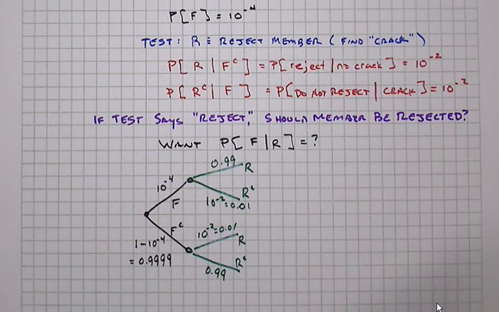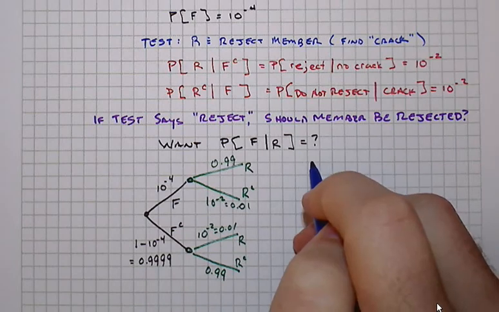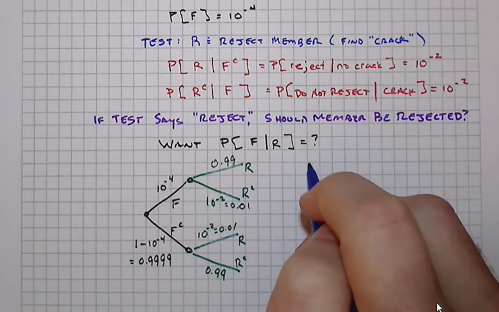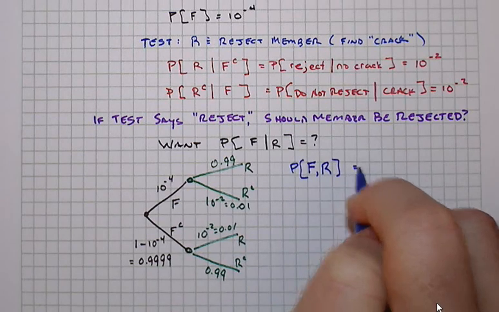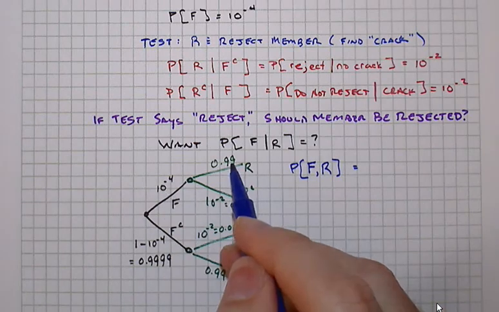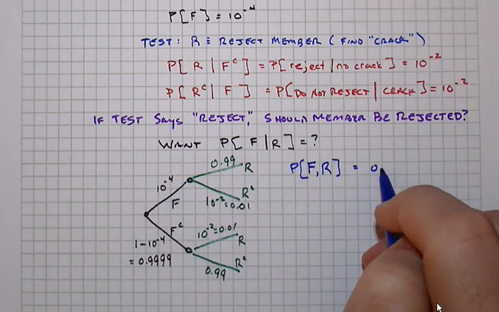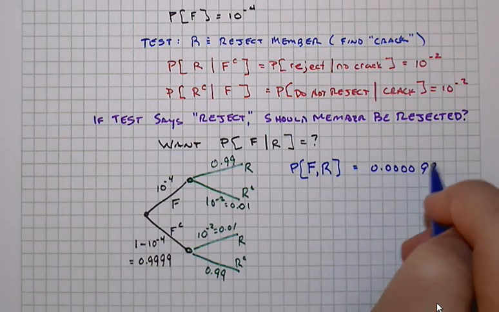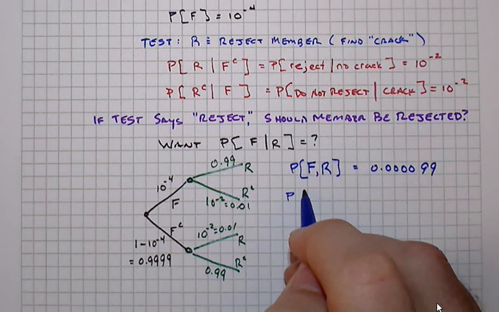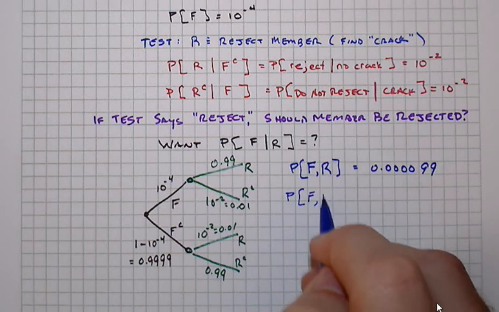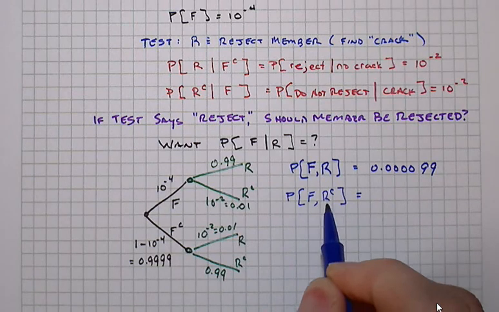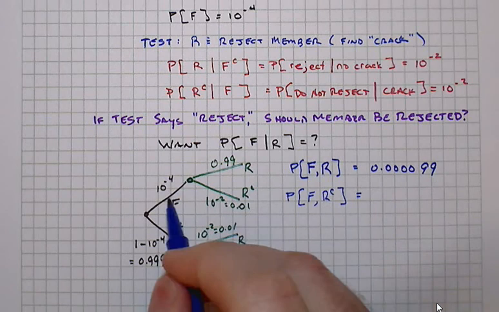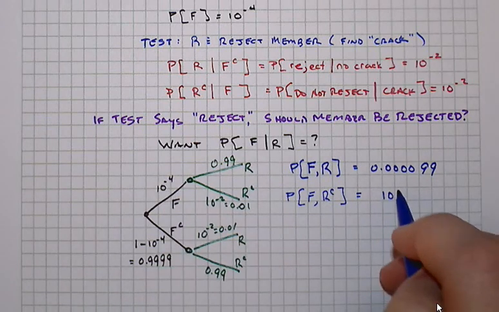Now we can go straight and look at the joints. Remember, they're just the product of the branches on the tree, so the probability of F and R is equal to 10 to the minus 4th times 0.99, so 0.000099. The probability of F and complement of R, so having a crack but we don't reject, is 10 to the minus 4th times 10 to the minus 2, so 10 to the minus 6th.